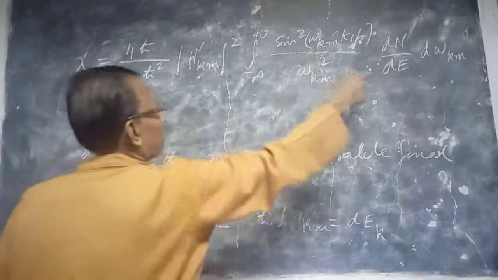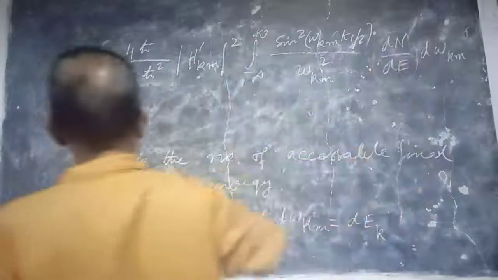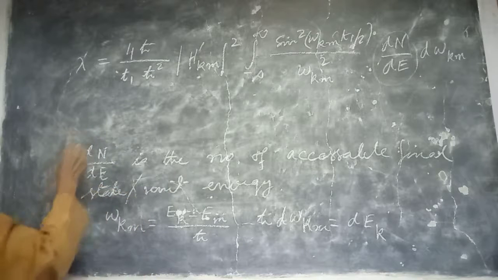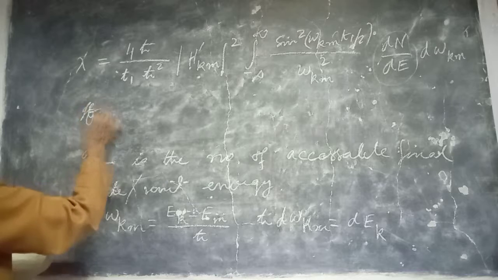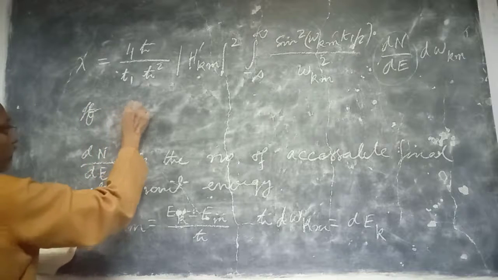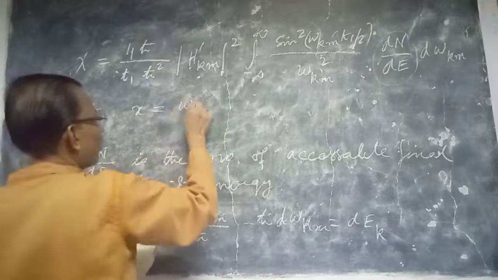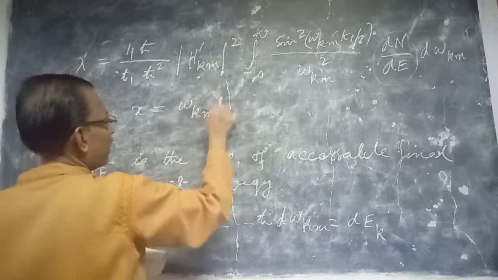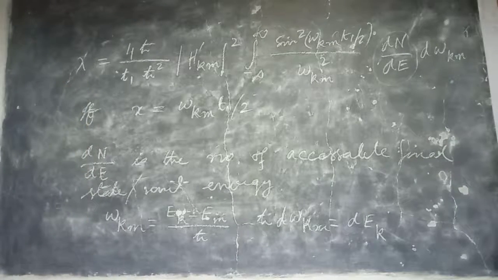Now dn by dE is a constant quantity, the energy density of states, so it can be taken out. Now if we put omega km t1 by 2 equal to x, then what we get?